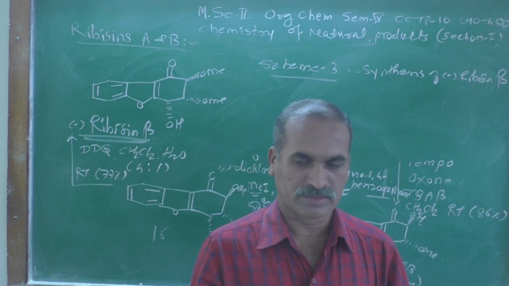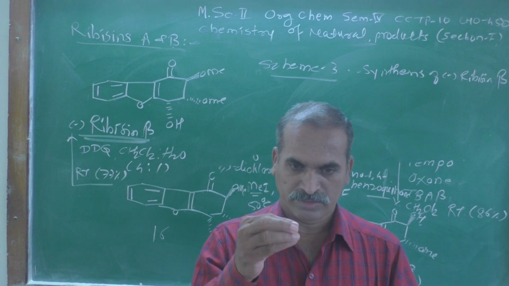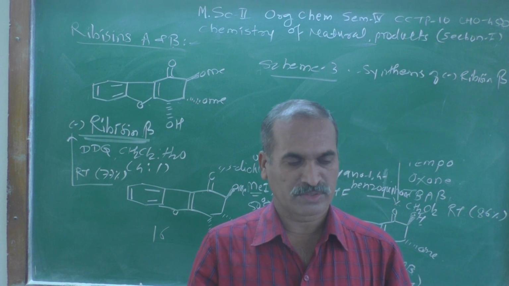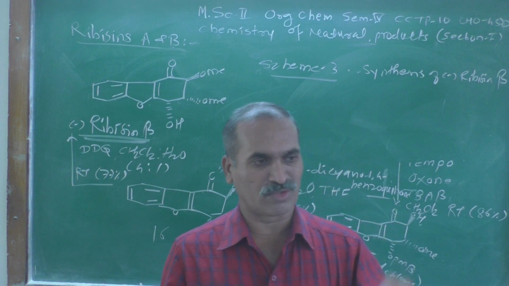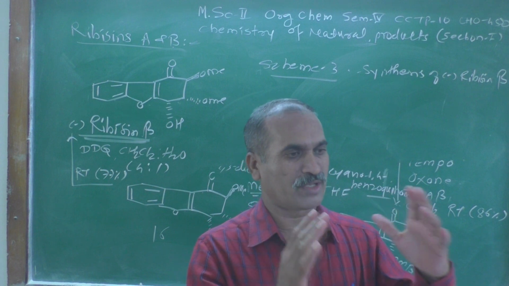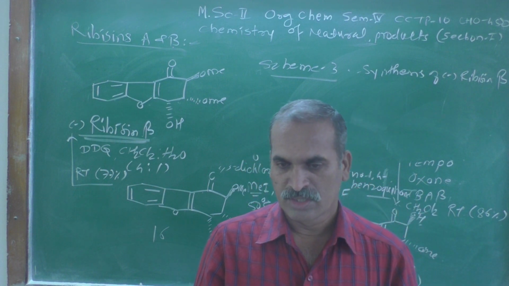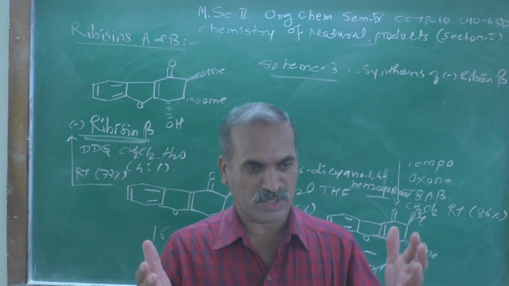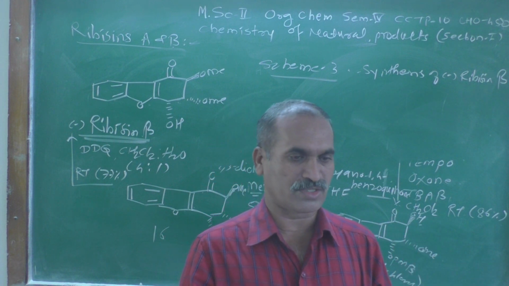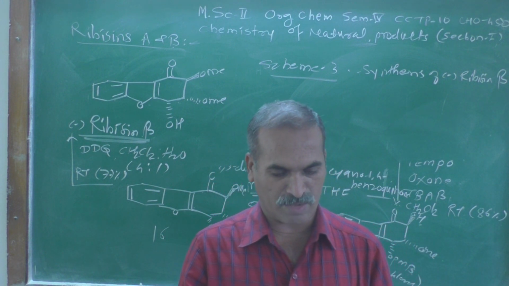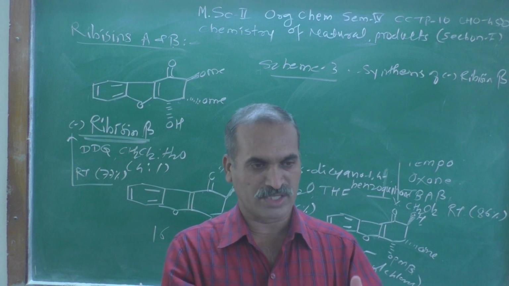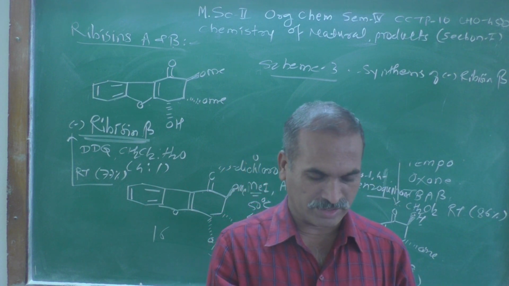That type of compound is known as versatile. Versatile intermediate means that by using that intermediate, a variety of organic compounds, here generally natural products, we can synthesize in the laboratory, and therefore it is known as a versatile intermediate.